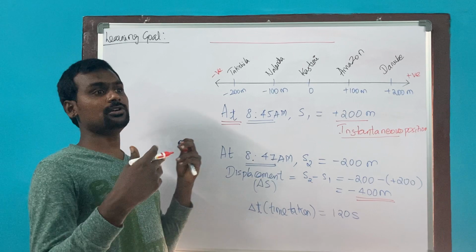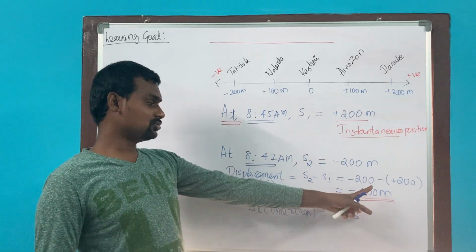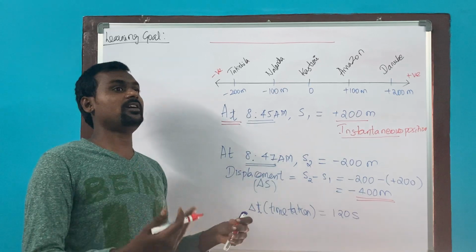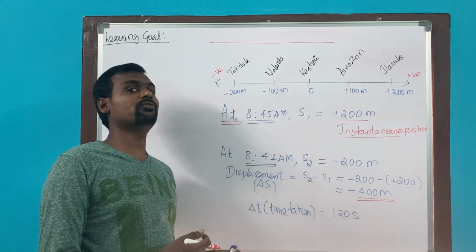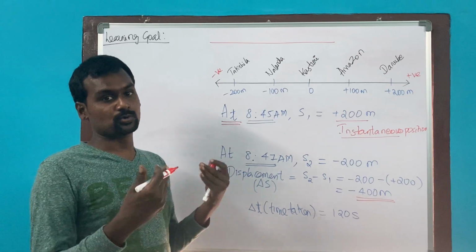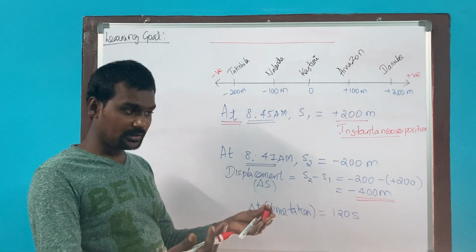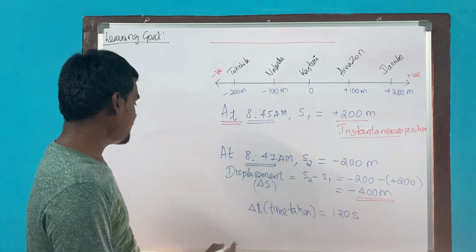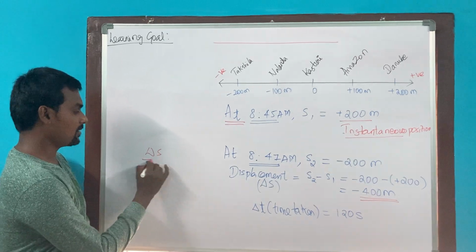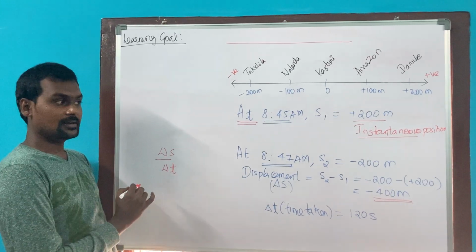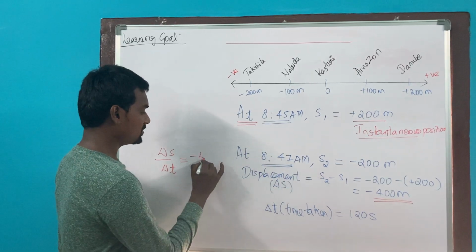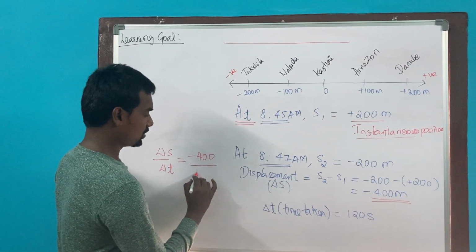Now my question to you is, using these two quantities, which is displacement and time taken, is there a way to calculate how fast she was moving and in what direction she was moving? So if you quickly think about it, you will realize the fact that it is going to be del S by del T, and that is mathematically equals to minus 400 by 120.